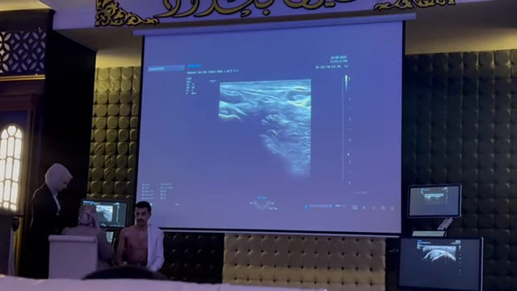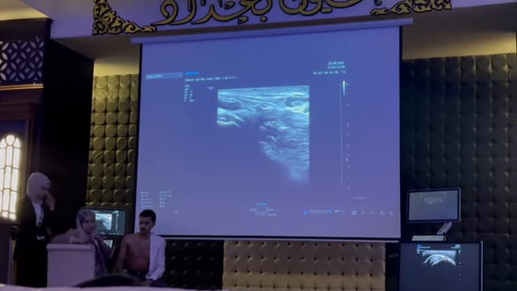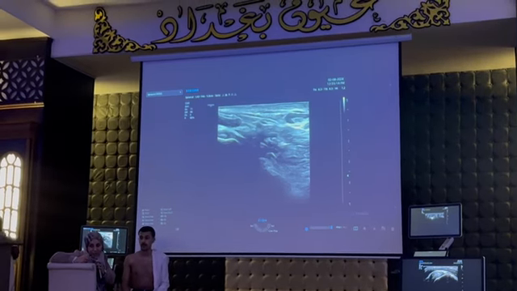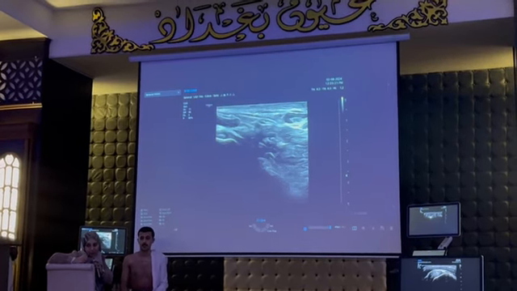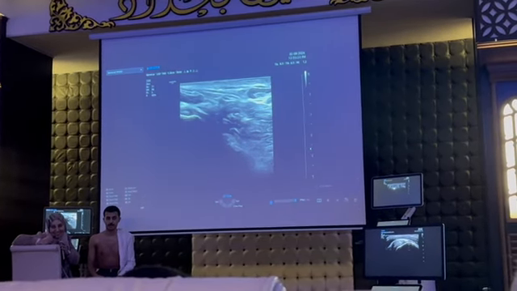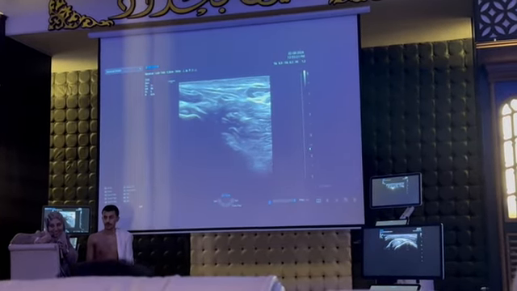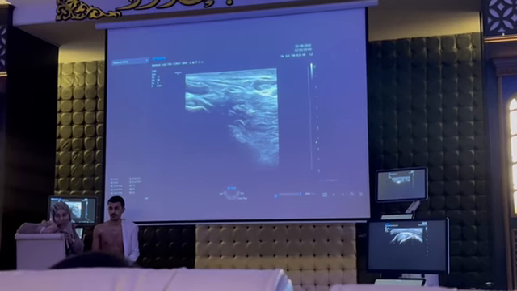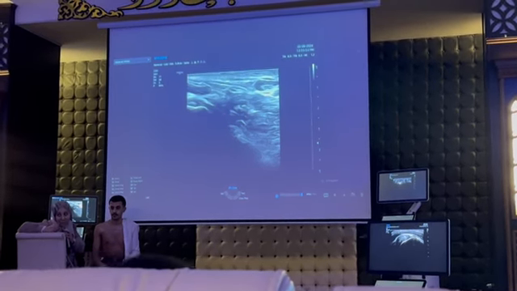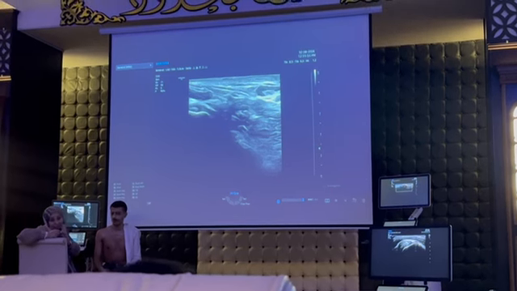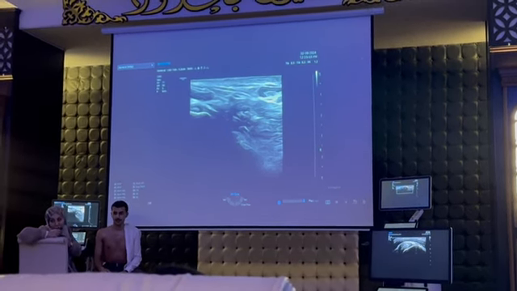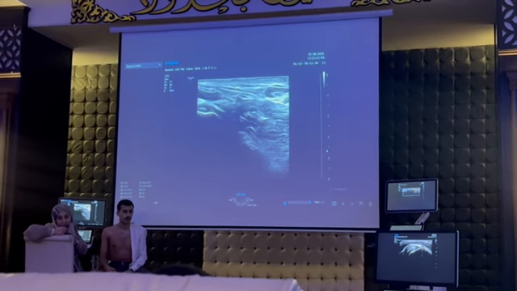Any other structure you want to see again, please? Any other structure you want to see? Is there a query? Please ask. So now go to demonstration for every doctor, for any structure that is difficult to see or not seen well, or if you want to see the maneuver, how to see it.